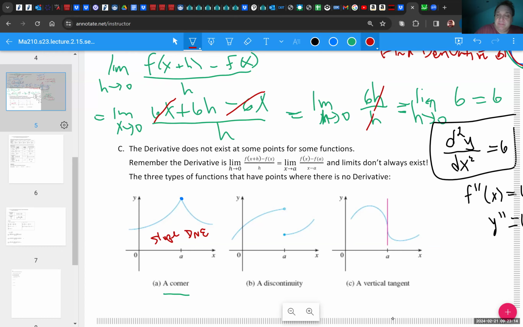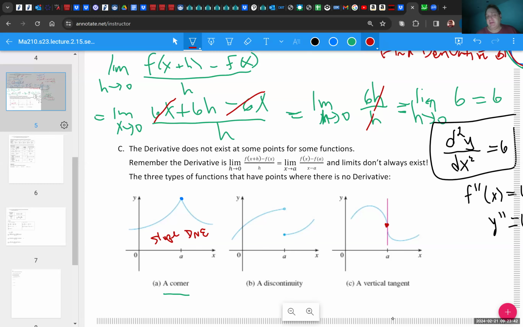So right here, at this point A, you get something like positive or negative infinity, depending on which direction you come from in terms of the slope at that point. Again, you can't really have those two different answers, and plus or minus infinity would be a good description, but at this level, not really acceptable. So you would just say the derivative does not exist at that point A because we have this problem with infinities at that point.